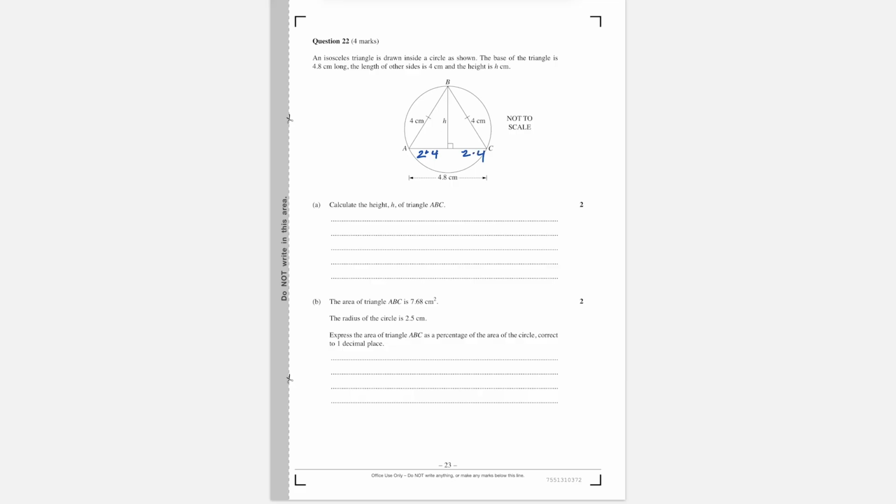So we can calculate this height, h, by using Pythagoras' theorem. So a squared plus b squared equals c squared. And just rearranging that, b is equal to the square root of c squared minus a squared. So in this case, c squared is going to be 4 squared, and take away a squared, which is 2.4 squared.